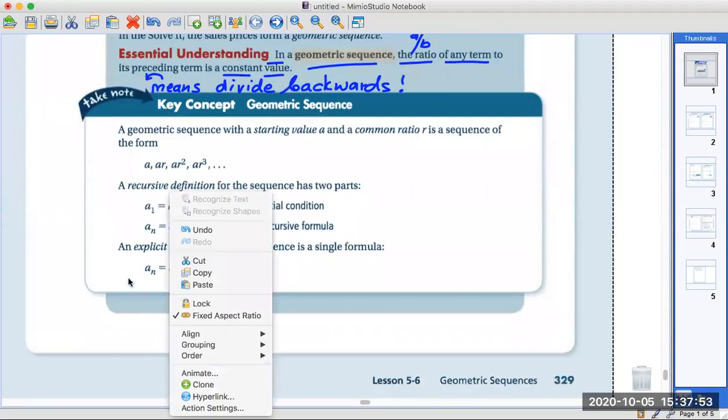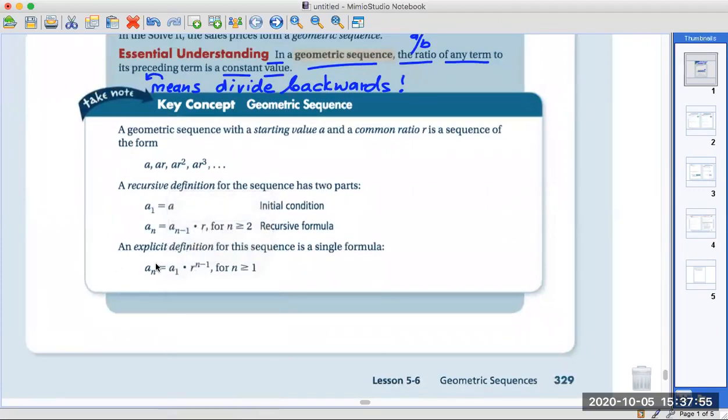Now, all this right here looks pretty hard to understand. What I really want is for you to pay attention to the explicit formula. Explicit formula tells you how to find any term. Oh, here, let's read that. A geometric sequence with a starting value, you always want the first number, which is a sub 1.